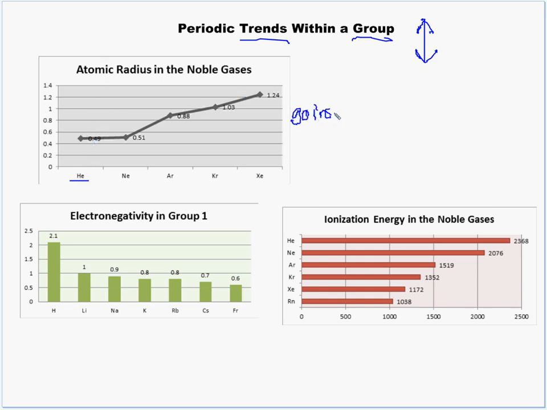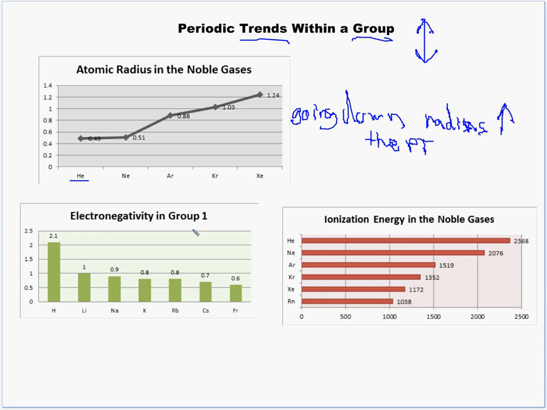As I'm going down, those are basically the same size, I mean, 0.49, 0.51. And then they get bigger. So going down the periodic table, the radius goes up. We got to be specific.